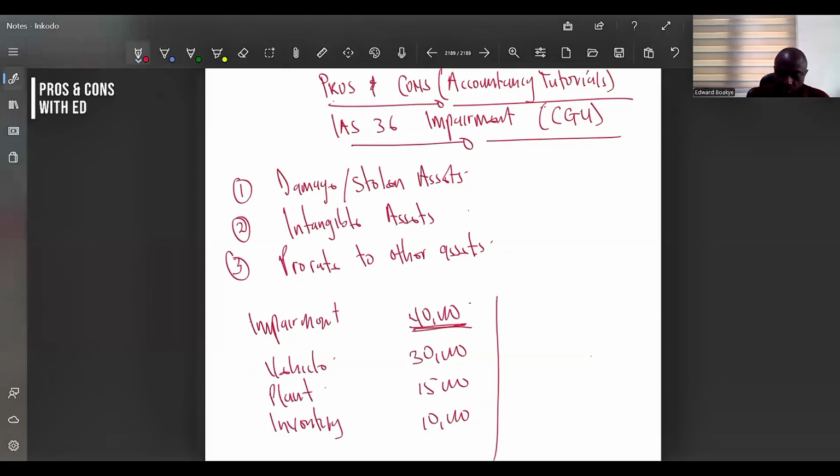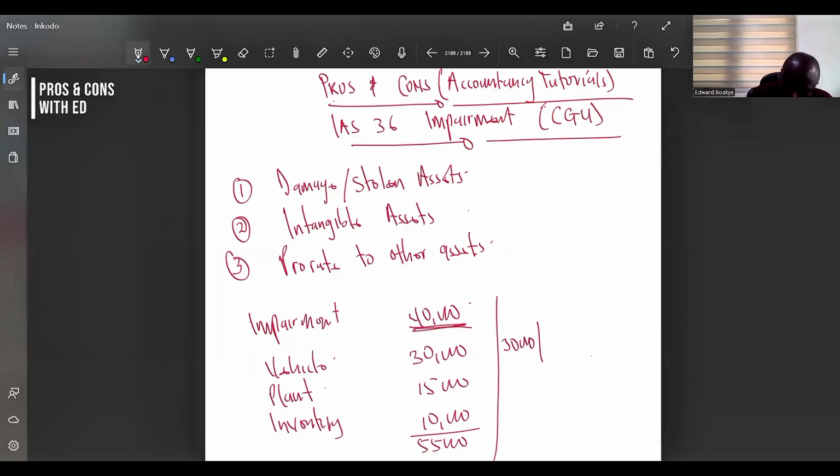It means that part of the impairment has to go to vehicle, part has to go to plant, part has to go to inventory. So in prorating, we will need the total of the assets. 30 plus 15 plus 10 will give us 55,000. So in terms of prorating, to vehicle will be what?